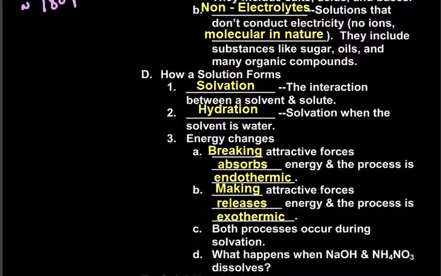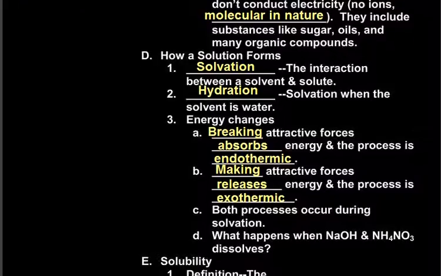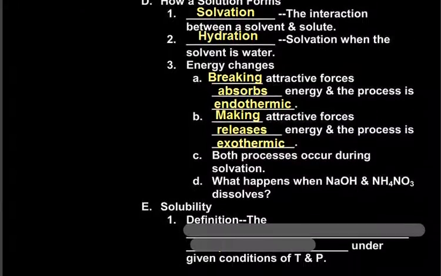So what do you think happens when sodium hydroxide and ammonium nitrate dissolve? I'll give you an example of both of these in class, so it's going to be a spoiler alert here. Take a pause for about 5 seconds, and then fast forward another 10 seconds if you don't want to see what the answers are.